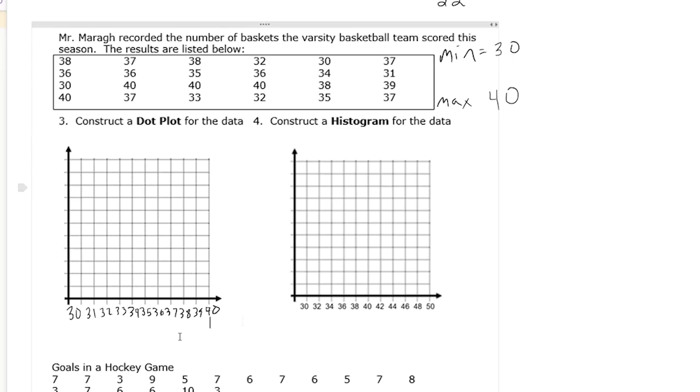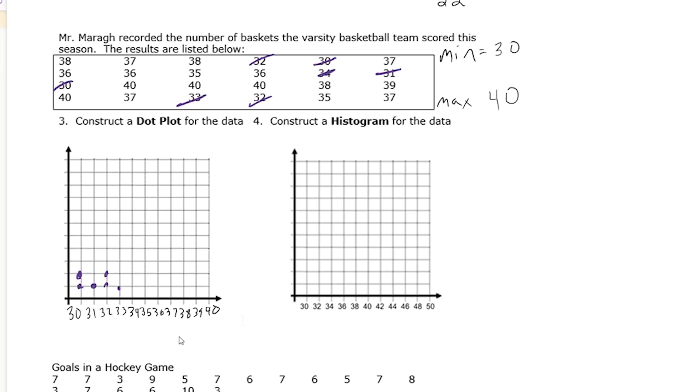All right, so 30. Start counting. We got 1 30, 2 30s. 31s, we got 1 31. Okay, 32, got 1 and 2. 33, we got 1. Let's go with 34.